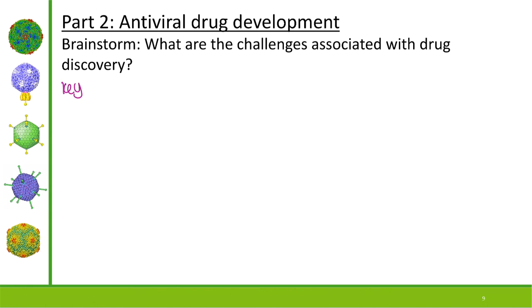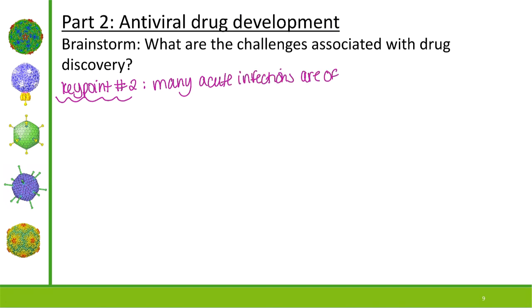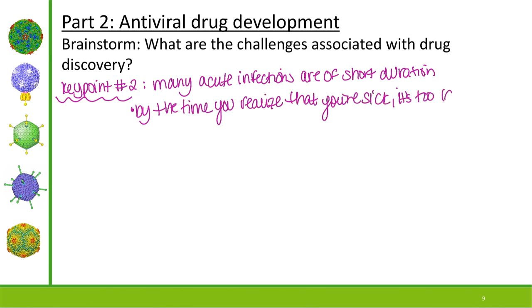The second key point is this idea that many acute infections are of short duration. If you have an infection that is of a really short duration, by the time you realize that you're sick, it's too late. A really great example of that is the flu.